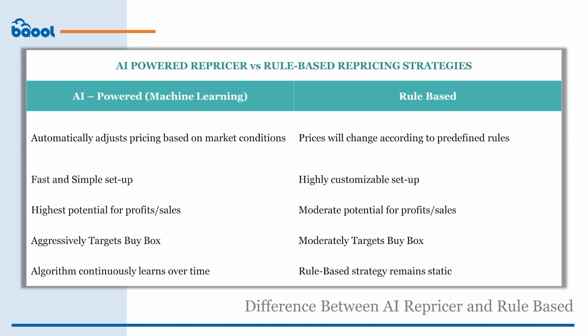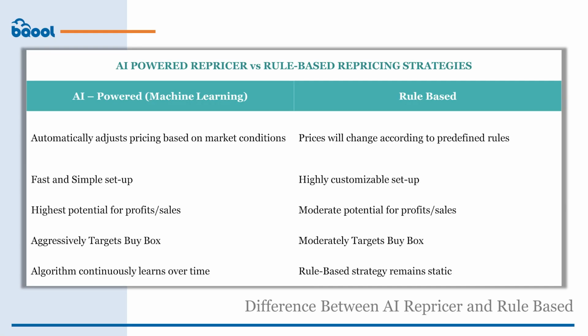So the main difference between the AI-powered and the rule-based that you've seen earlier is, first, the setup is a lot simpler and quicker for AI. There's only 4 different options. When new competitors enter, it will automatically compete with them. There's a machine learning algorithm, and there's a lot less human interaction, so it's less prone to make mistakes because the AI has taken all the factors into account.